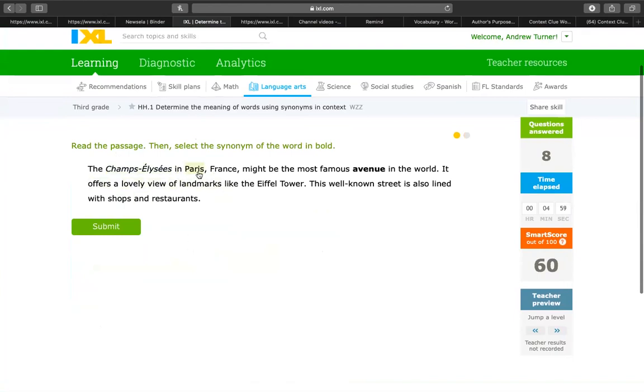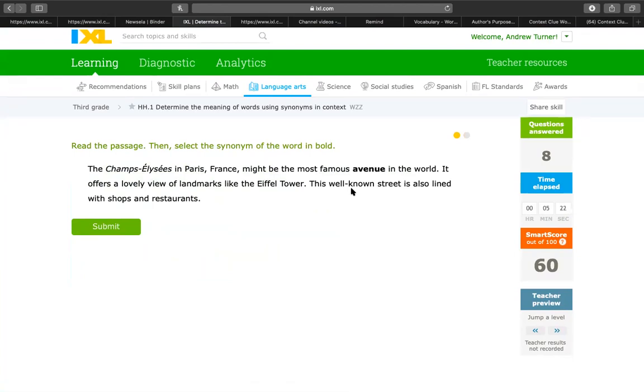I don't know how to say that. Champs-Élysées in Paris, France, might be the most beautiful avenue in the world. It offers a lovely view of landmarks like the Eiffel Tower. This well-known street is also lined with shops and restaurants. What do we think? Street.